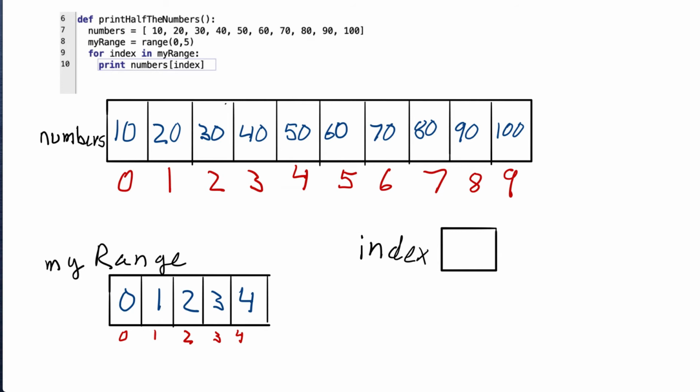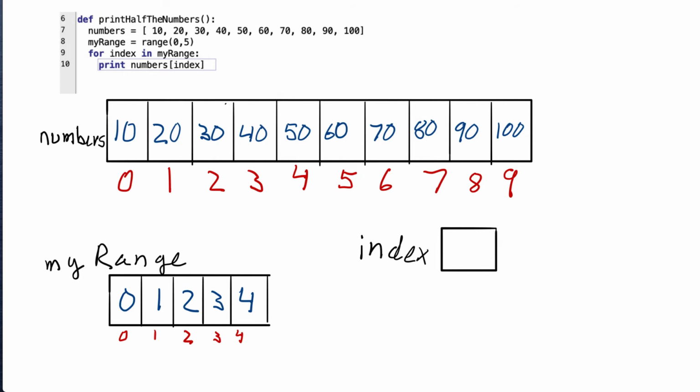The first number in the range is 0, so we're going to grab that out and put it in our index box. Then we're going to do this line of code. So we're going to look up index, find that it's 0. We're going to find the box with the index of 0, and we're going to print out 10 to the screen.